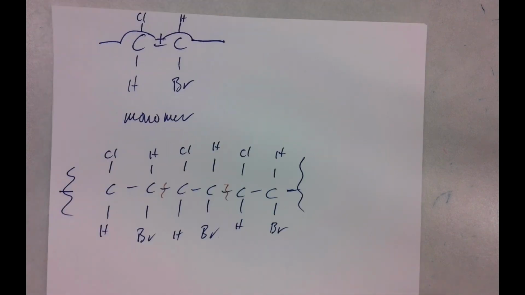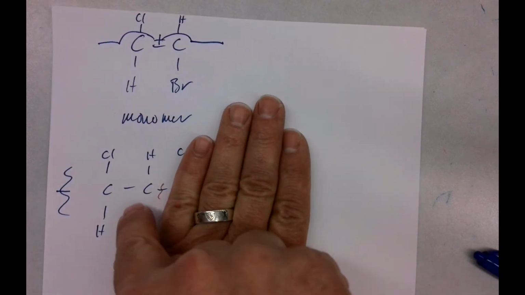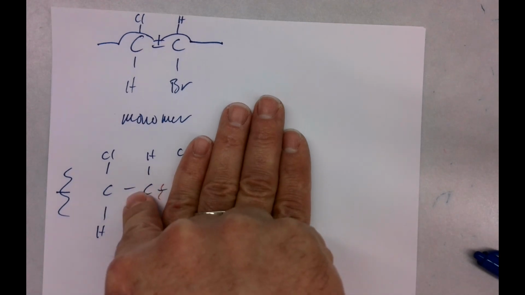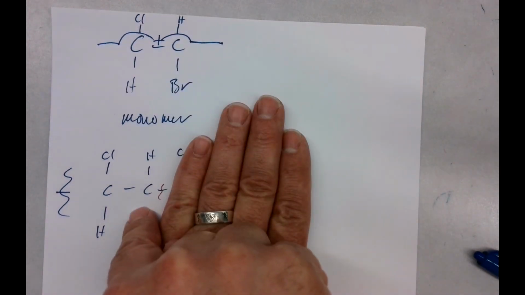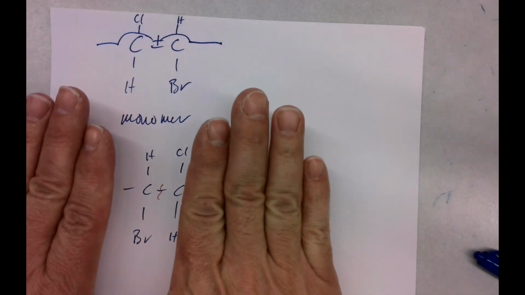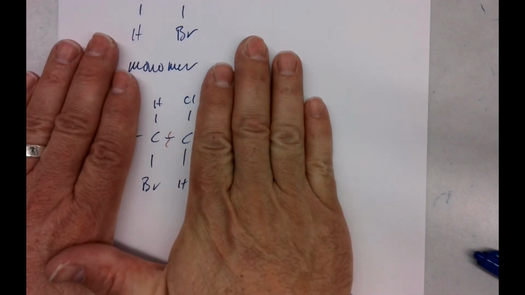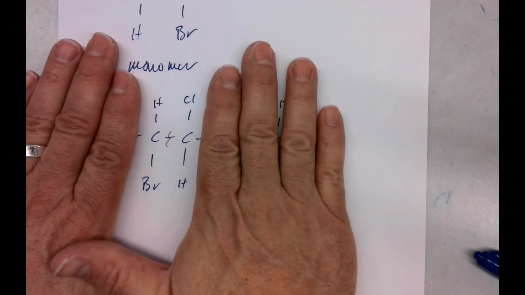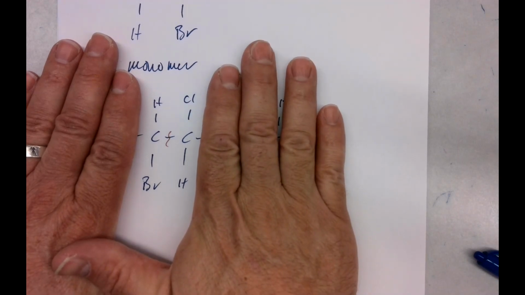So looking at this, it is easy to see that is one of my monomers, right? She said, but what if someone saw that? Would that still qualify as a monomer? Yeah, because technically they're the exact same thing. I'm just looking at it from the other side.